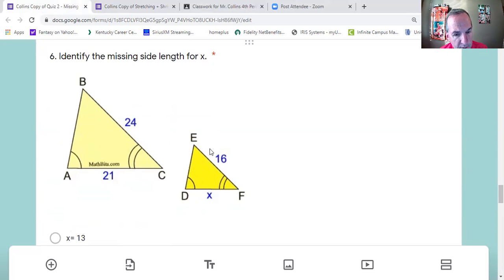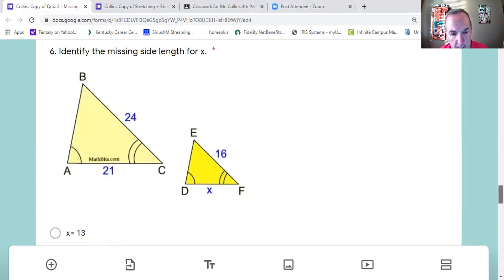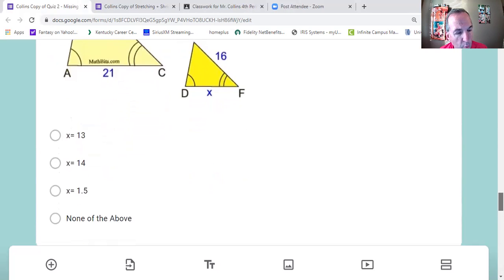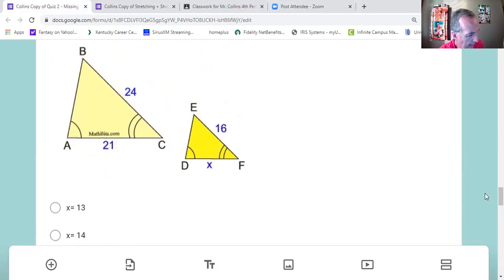So in this case, we would divide our 16 by 24, since those are corresponding sides. We'd get that factor, multiply by 21. All right. So that means scale factor is less than 1. Okay. So 16, I'm going to just double check that and do it on my calculator while I'm talking. 16 divided by 24 equals 0.67.